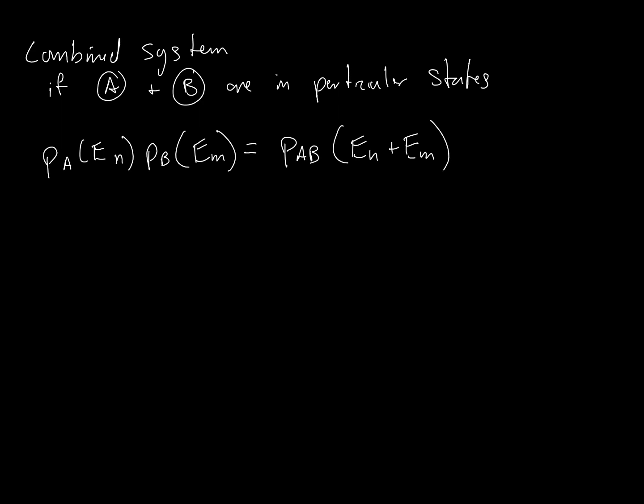That system A is in some state, system B is in some state, times those together, that gives you the total probability that the entire system is in that particular configuration. And we're going to write this as E_AB, where this is equal to E_n plus E_m.